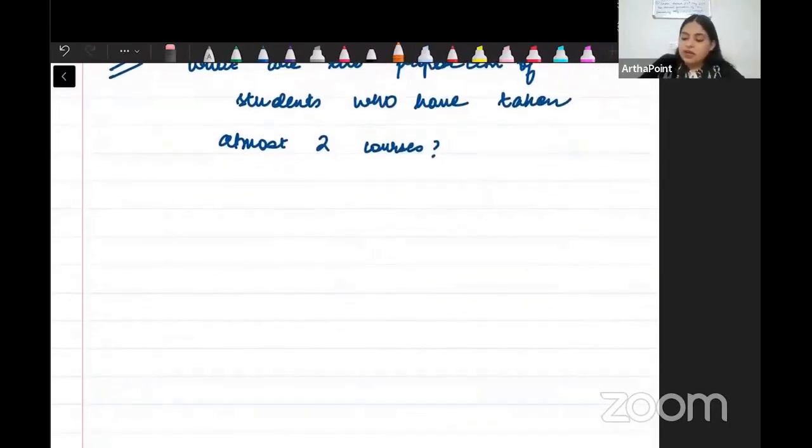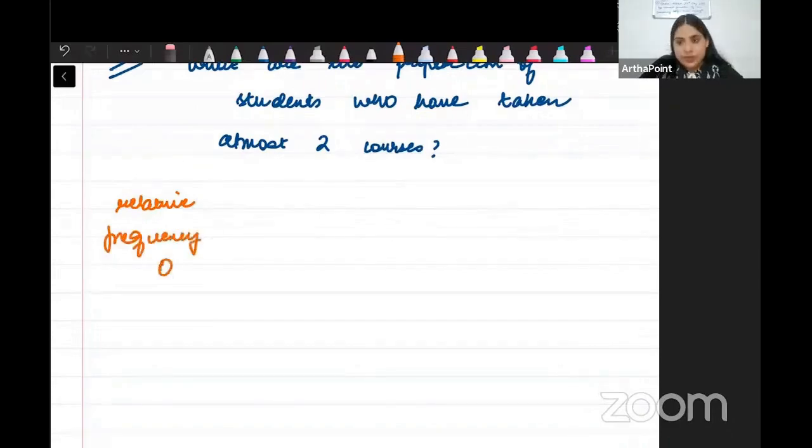It means beta, I want to add the relative frequency of students with 0 course, then with students who have taken 1 course and students who have taken 2 courses.